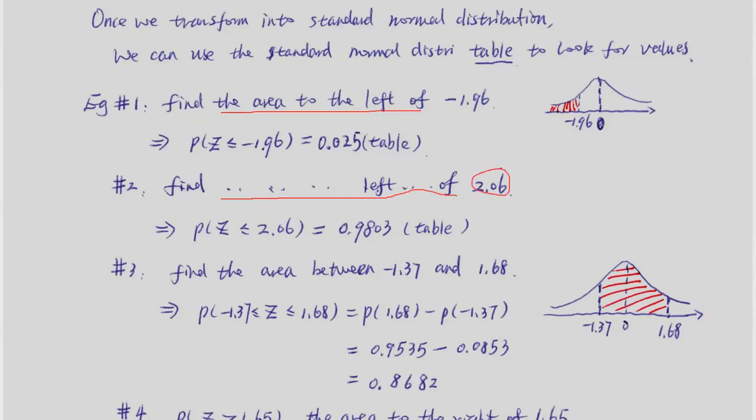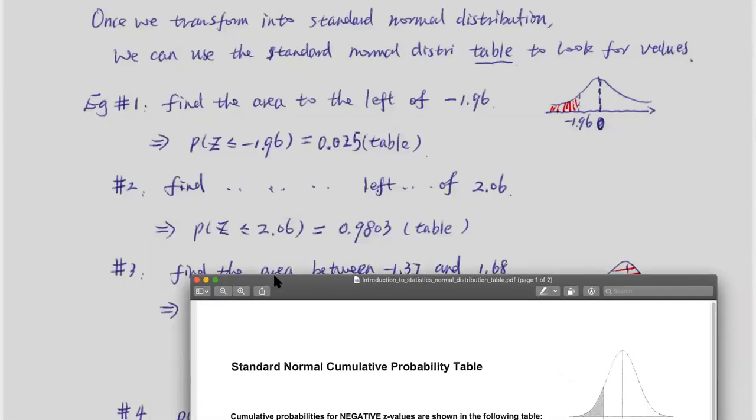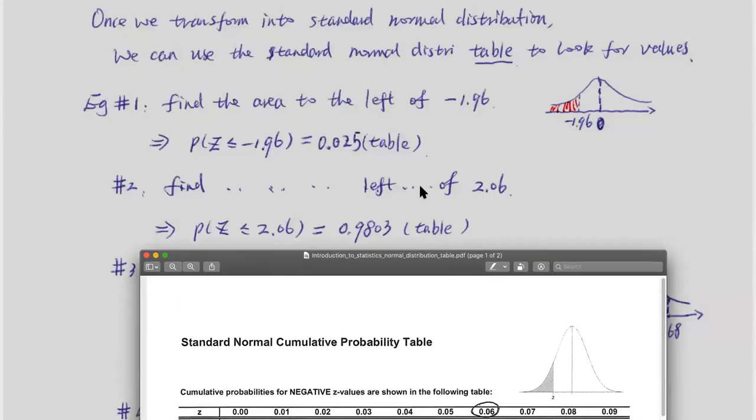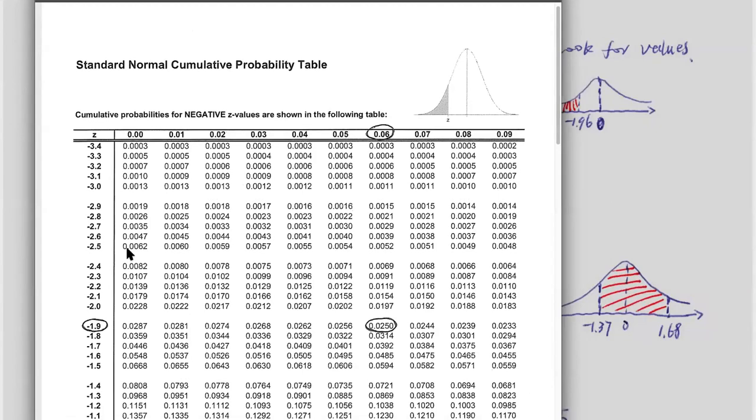Everybody, if you have the table, let me open that. We are trying to find the corresponding probability to the left of 2.06.